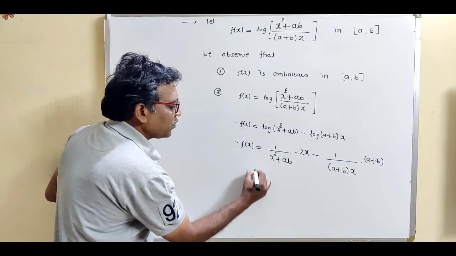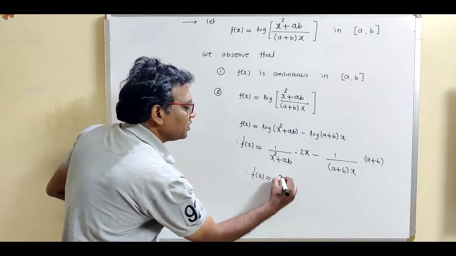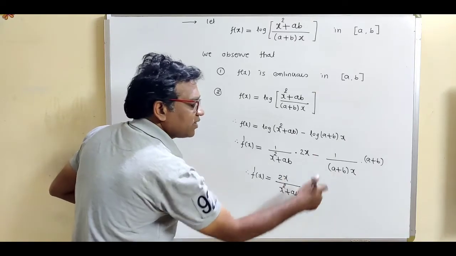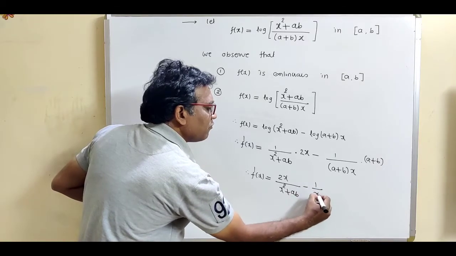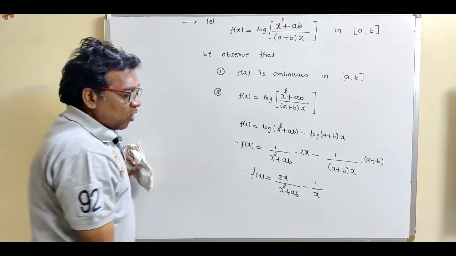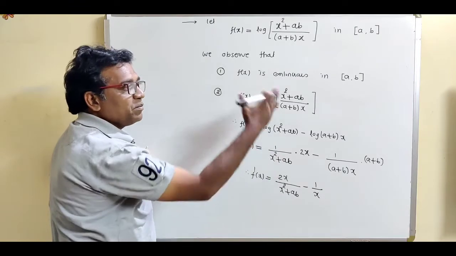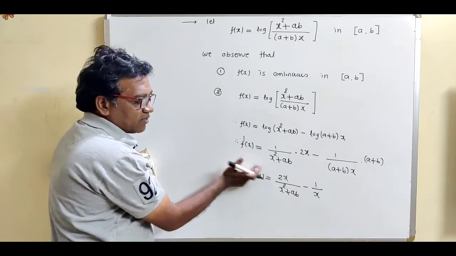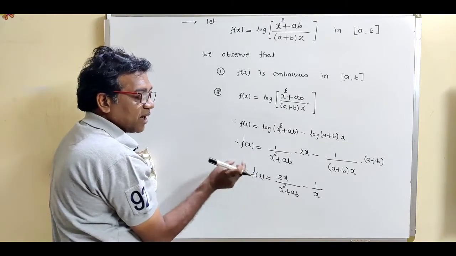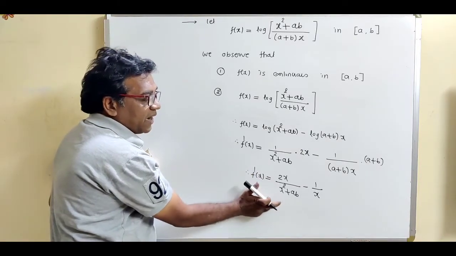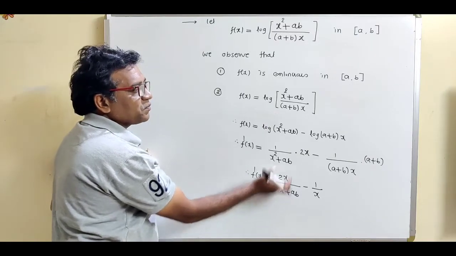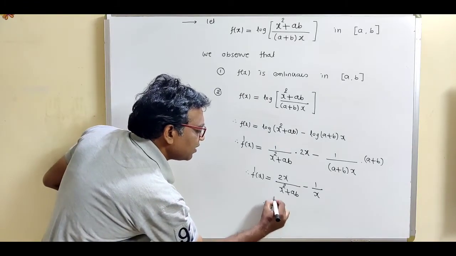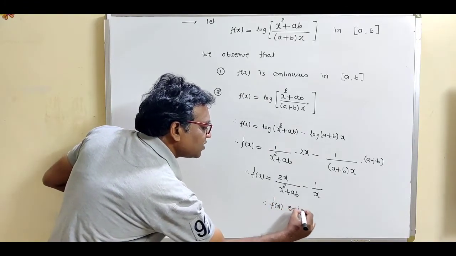So what is this derivative? f'(x) equals 2x upon (x square plus ab), and this a plus b gets cancelled, so this is 1 upon x. Obviously, if you put the values of x in between this interval a and b, we find that this f'(x) exists. As the derivative exists, the function is said to be a differentiable function.